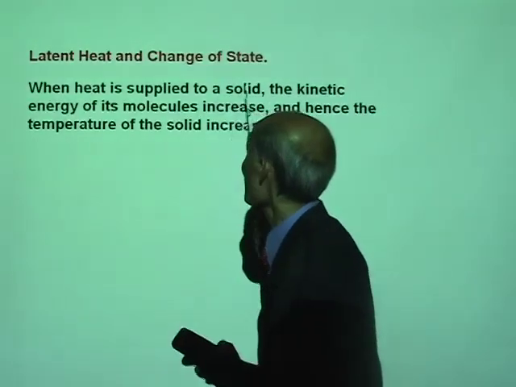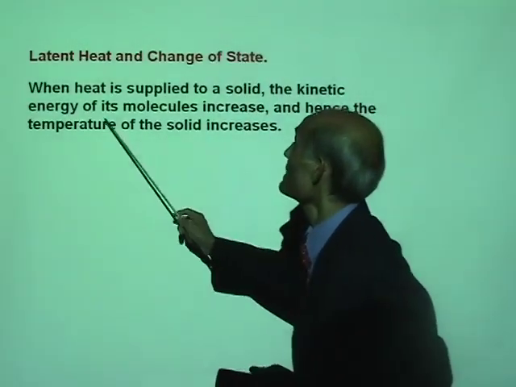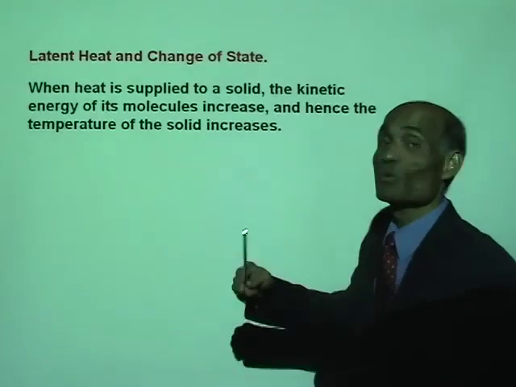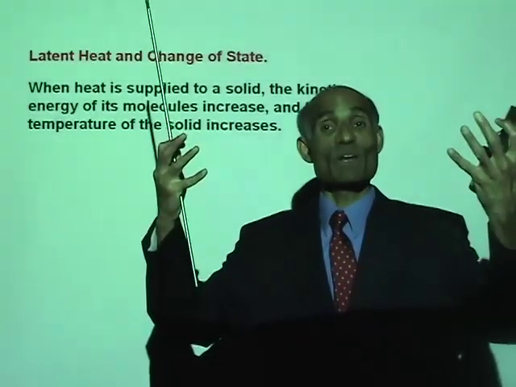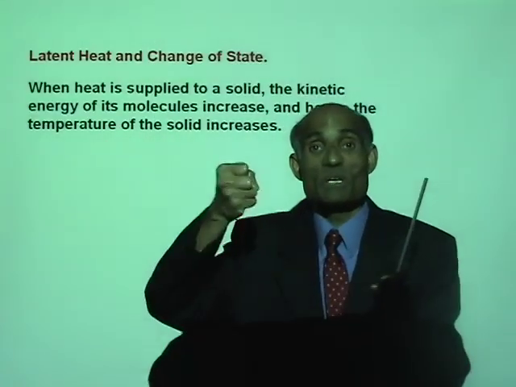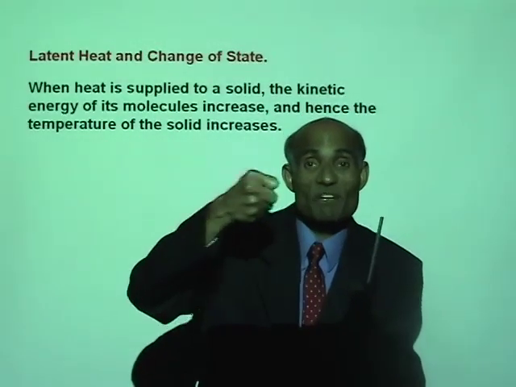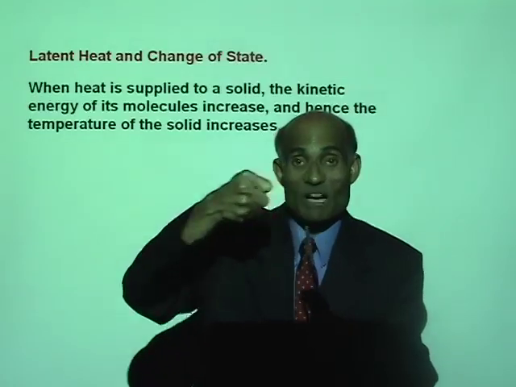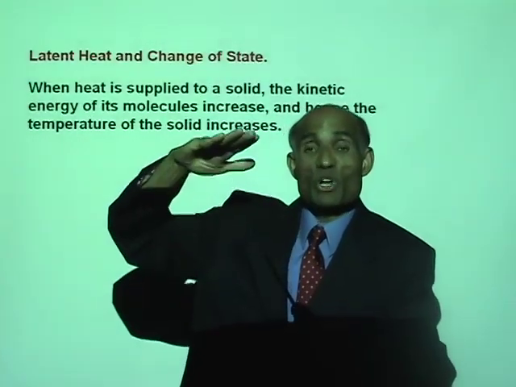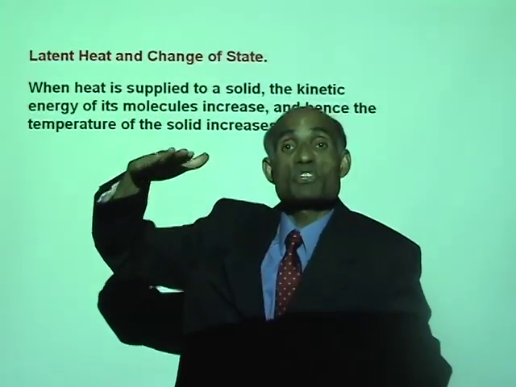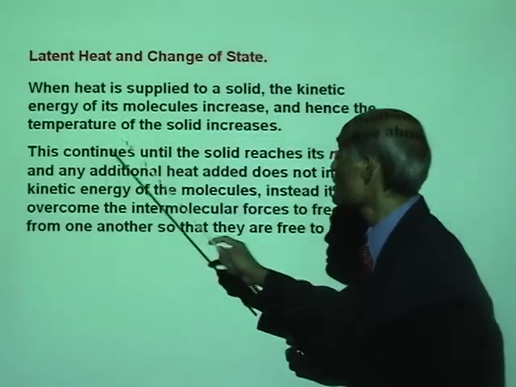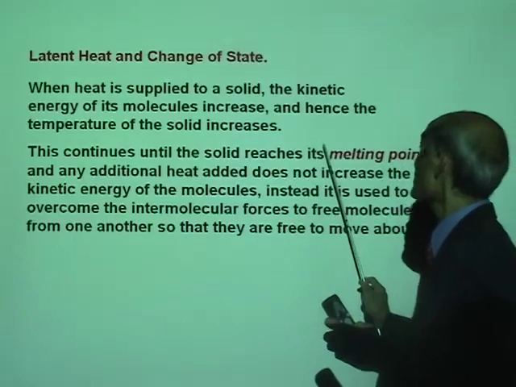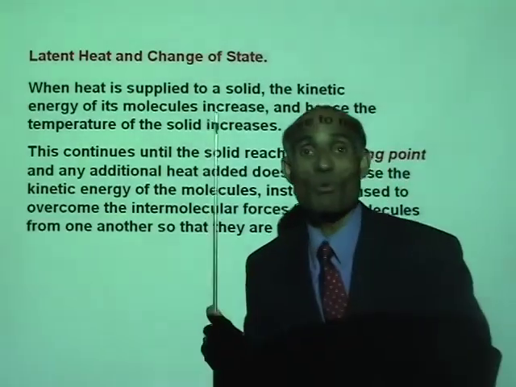When heat is supplied to a solid, the kinetic energy of its molecules increases, and hence the temperature of the solid will increase. Is that right? The molecules will begin to vibrate faster and faster until the temperature reaches the melting point. Now, this continues until the solid reaches its melting point.